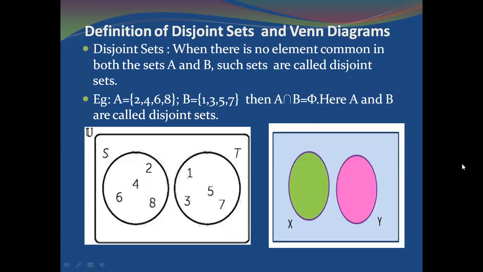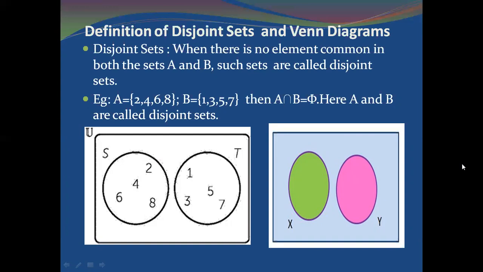Now, another definition is disjoint sets. What are disjoint sets? From the word itself, you can easily make out that disjoint means not joined. When there is no element in common in both sets A and B, such sets are called disjoint sets. You see the example here.